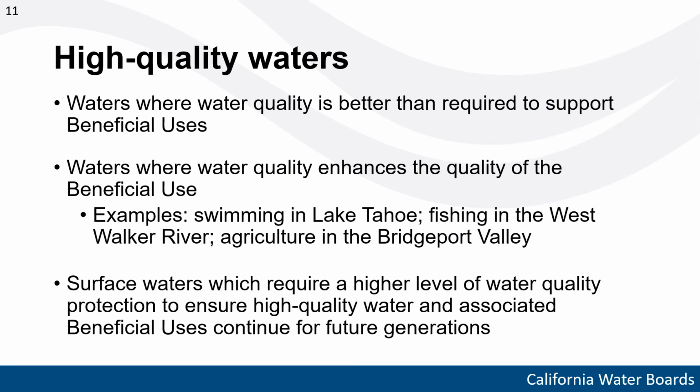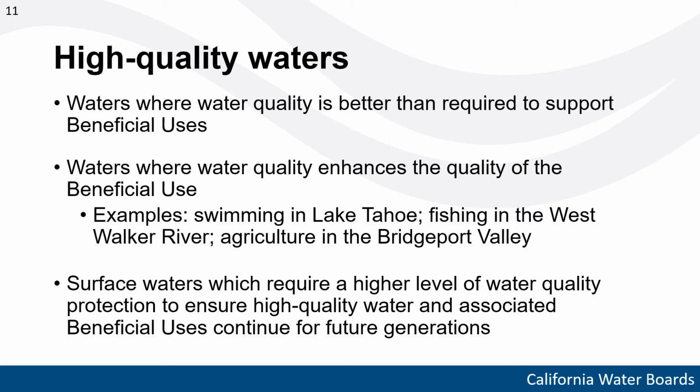Let's take a minute to define something that may help your understanding of one of the issues pertaining to this project, and that is high quality waters and what a high quality water is. There will be some emphasis on high quality a little later in this presentation, but what does it mean? Well, high quality surface waters can be described as waters where water quality is consistently better than required to support beneficial uses.